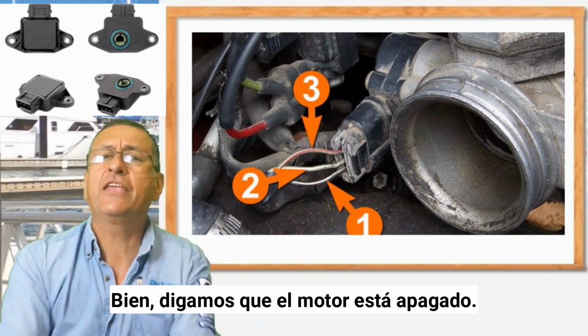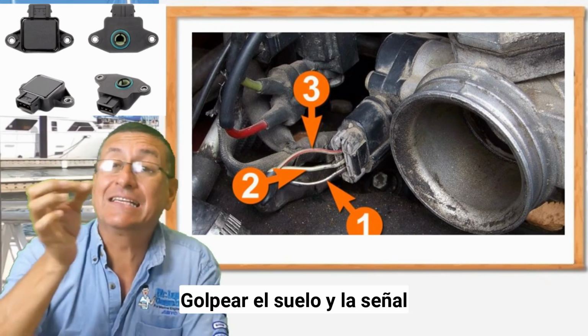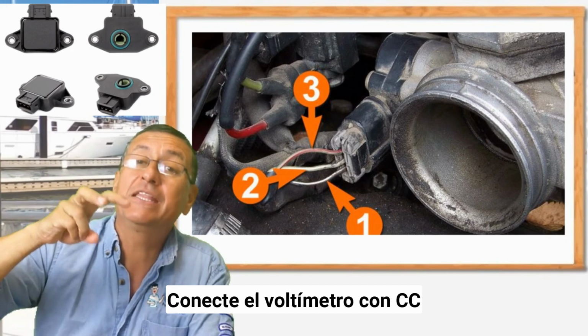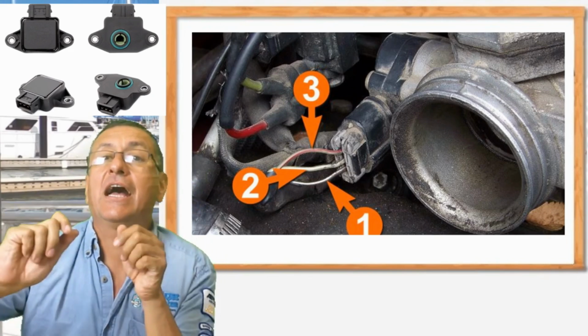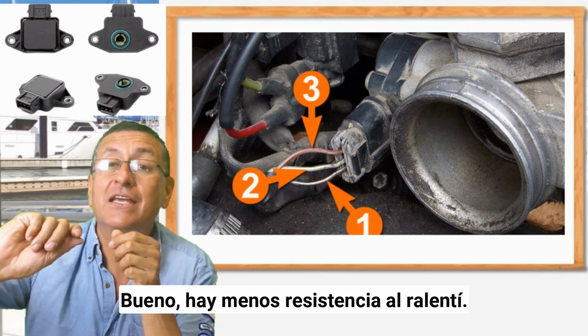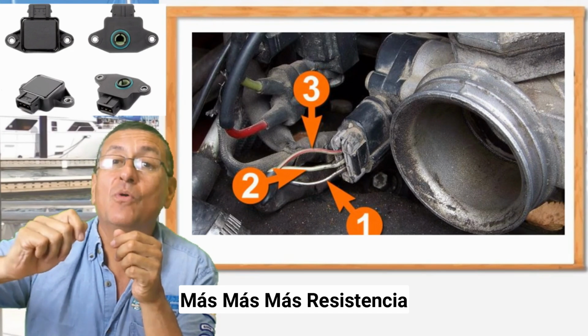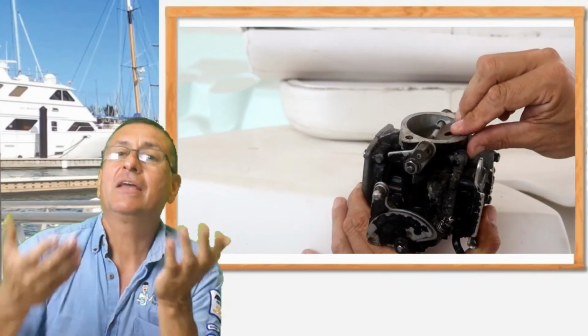Okay, suppose that the engine is off. Punch the ground and the signal and connect your voltmeter with the alligator terminals over there and check the resistance. Okay, less resistance in idle, more resistance in wide open throttle.